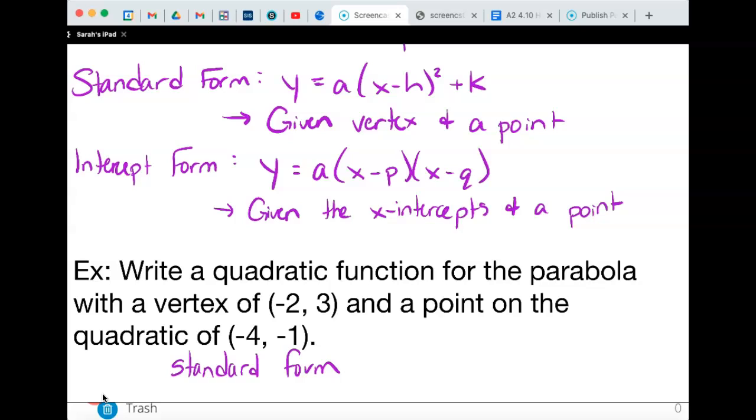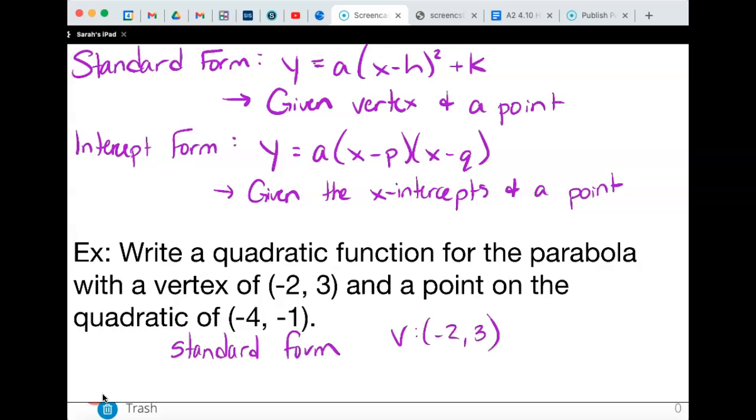So since the vertex is -2, 3, negative 2 and 3 will replace which letters in standard form? Yeah, so typically the vertex is h comma k.